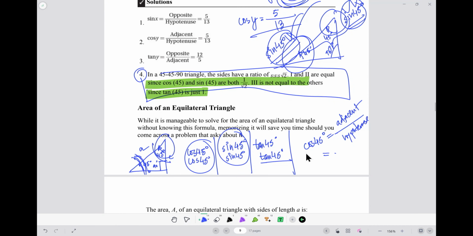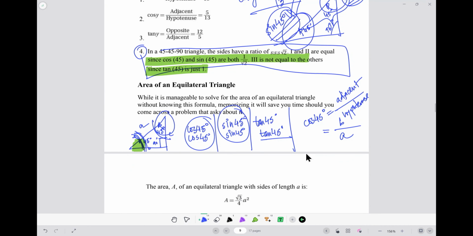So for this highlighted angle, the adjacent side would be B divided by hypotenuse, which is A. And for this other 45 degree angle, the definition of the cosine function will remain the same. For this cos 45, the adjacent side would be C.